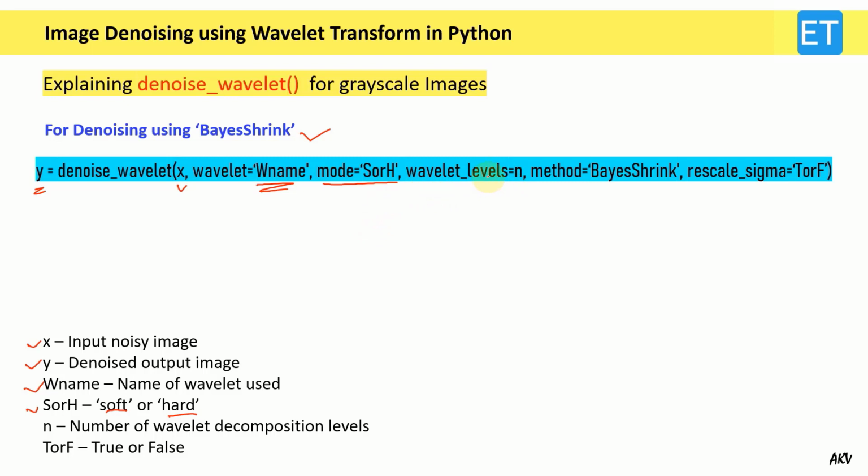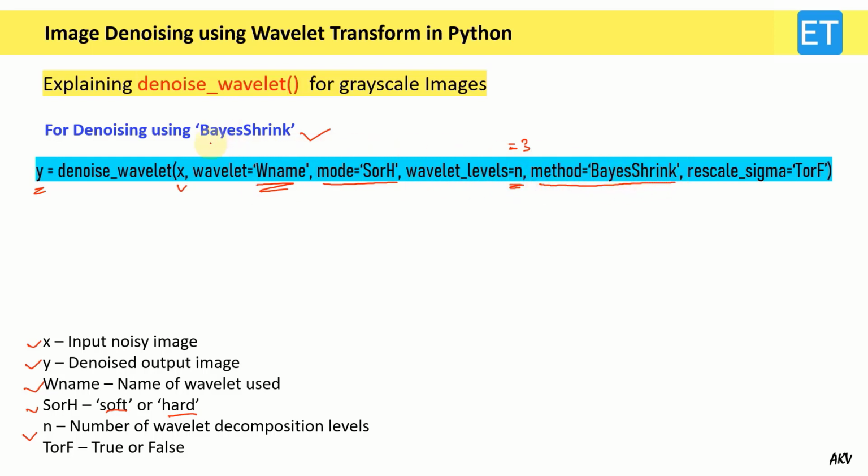And then wavelet_levels equal to n, that means the number of decomposition levels. So here you will write some number. For example, if you write 3, it means there will be 3 decomposition levels of the signal X. And then the denoising method.